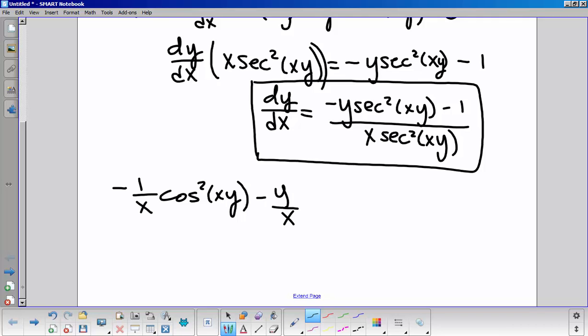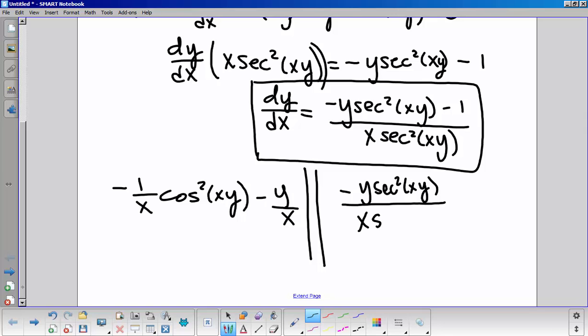What they did was they divided this into this, because when you divide that, you get negative y over x, and then they divided the one. They did negative y secant squared xy all over x secant squared xy minus 1 over x secant squared xy, right?